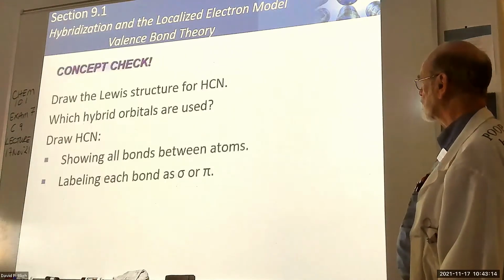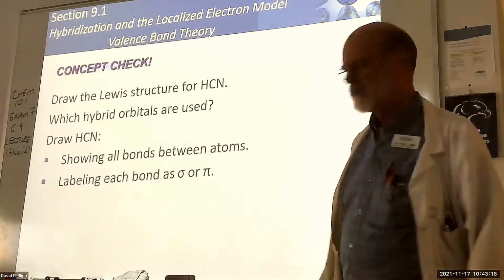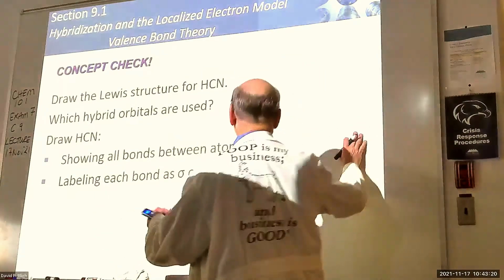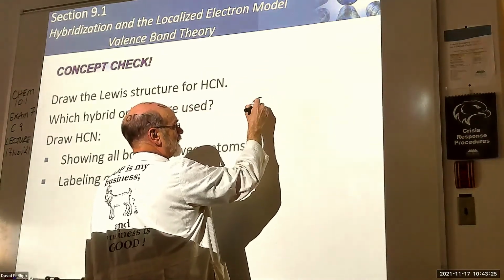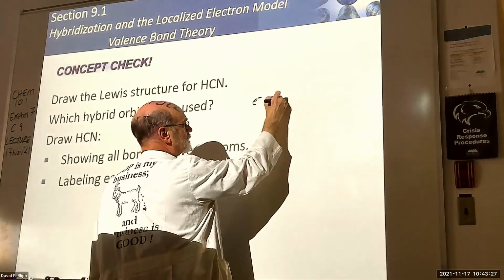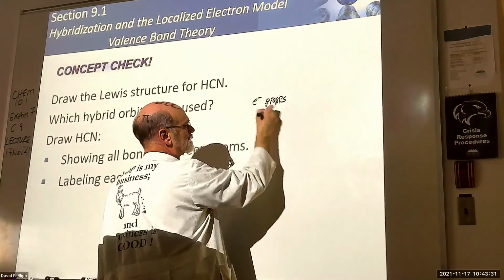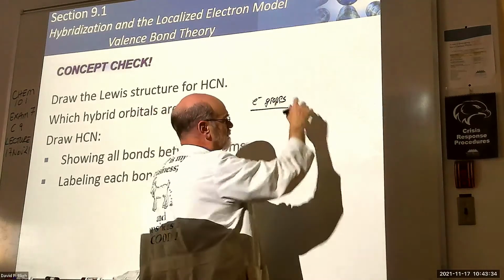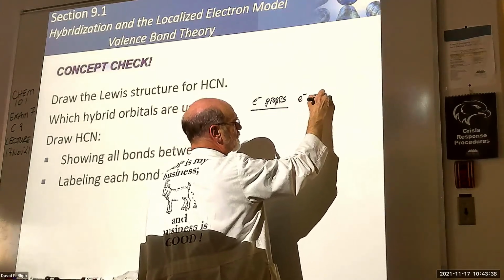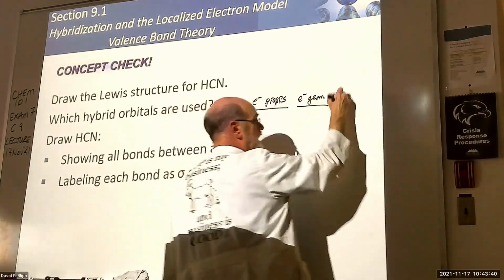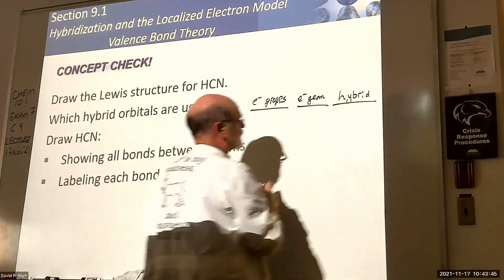Okay, so this is what D2sp3 hybridization looks like. I thought I was going to draw a table. All I was going to do is just say: electron groups in one column, electron geometry in the next column, and hybridization in the last column.